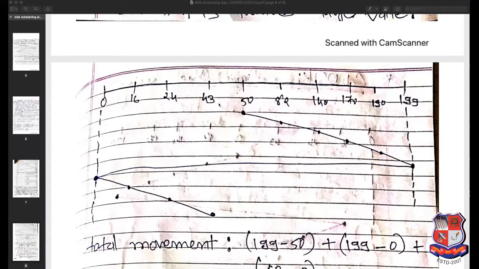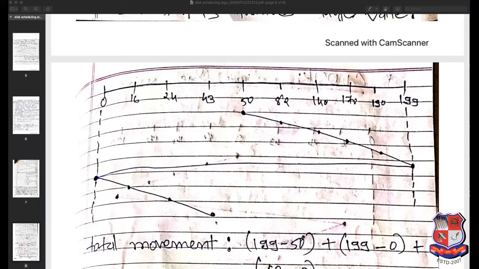We start with head position 50 to 82, 82 to 140, 140 to 170, 170 to 190, and then we reach one end, 199. Then we directly move to the other end, 199 to 0. Then we also move to the next request tracks 16, then 24, and then 43. So we traverse each and every track, and here the C-SCAN concept is over.